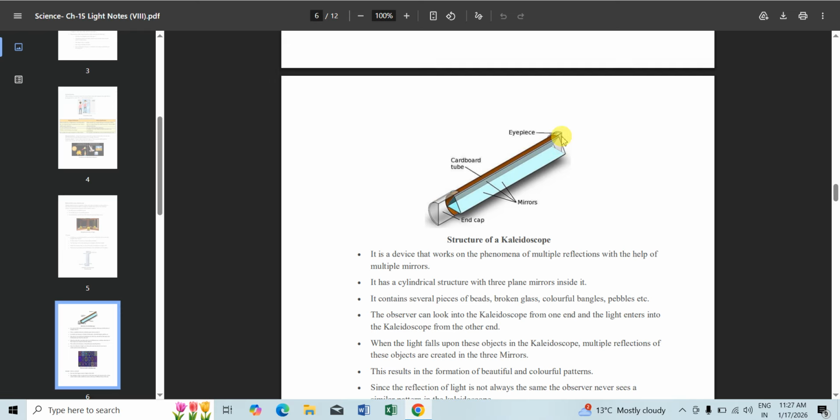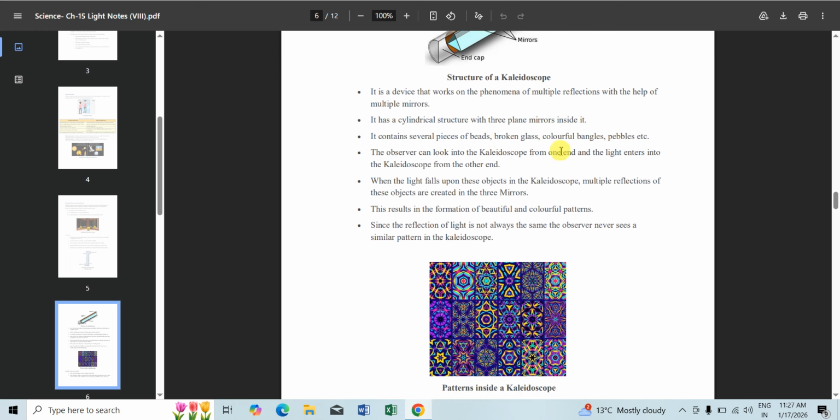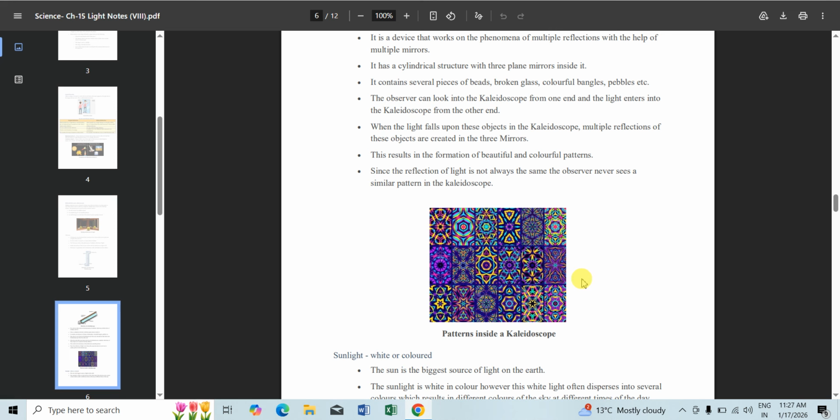Okay, and some bangles or broken glass, pebbles, balls are kept inside the device, and when the human sees through an eyepiece, and the light enters from the other end, the human eye sees beautiful patterns inside a kaleidoscope.